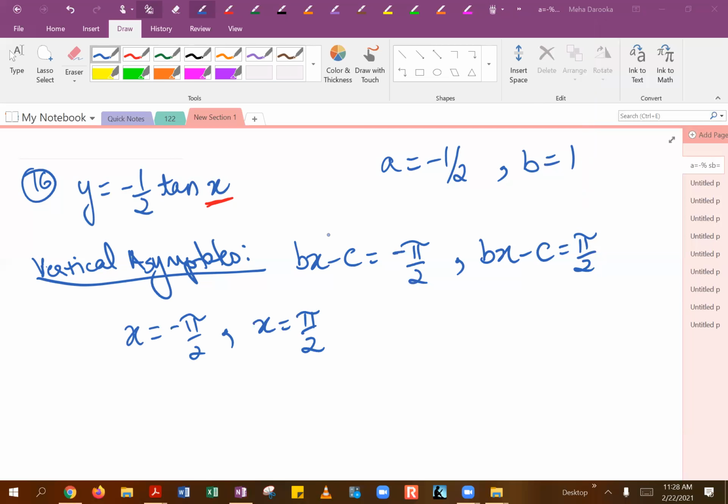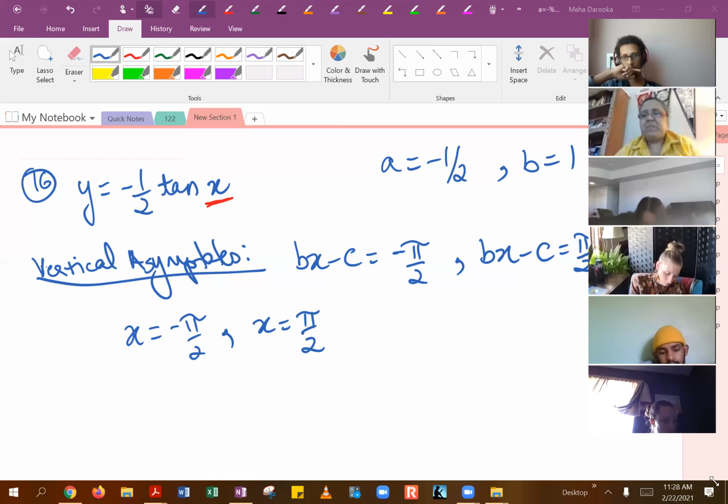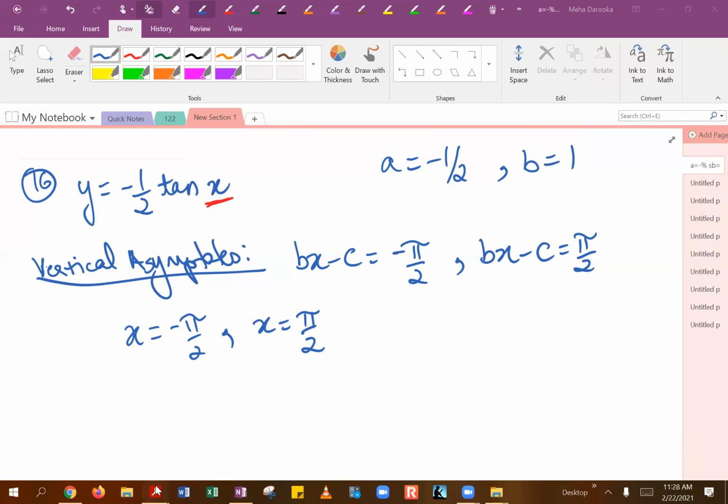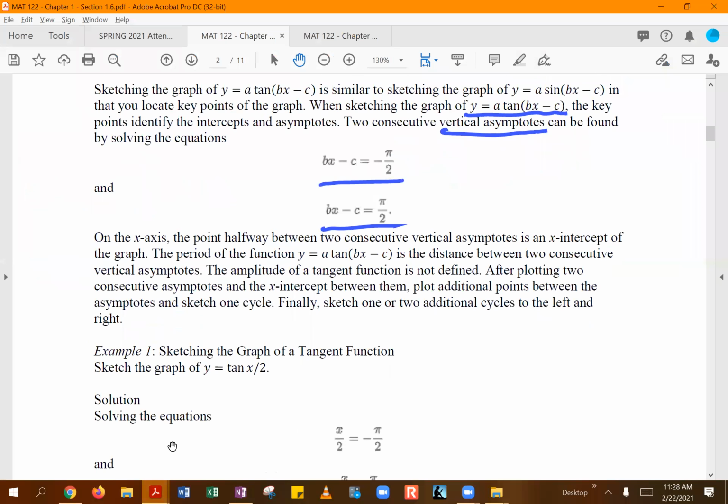If you remember, when we were talking about our sine and cosine functions, we were creating those 5 key points that help us find where the intercept is and where the maximum and minimum values are. We're still using that same concept here with the tangent function, but the way the tangent function looks, you're actually not going to have a maximum or minimum value.